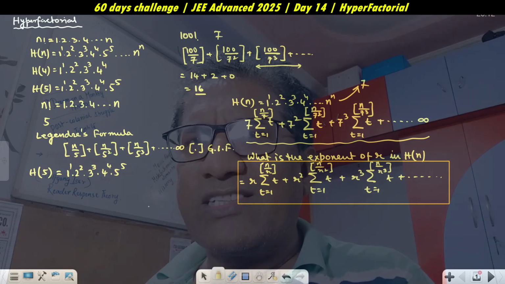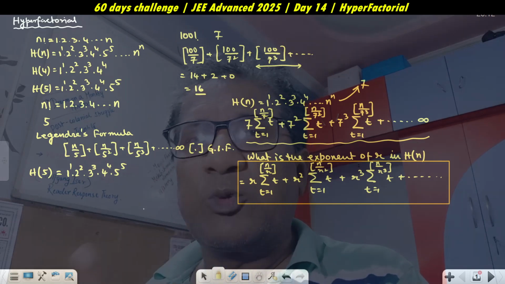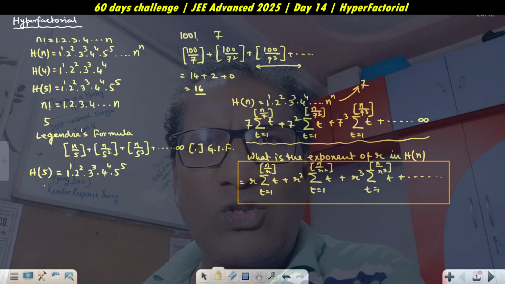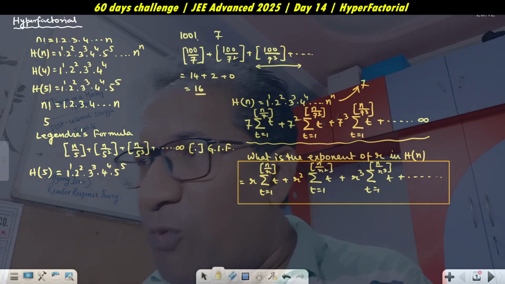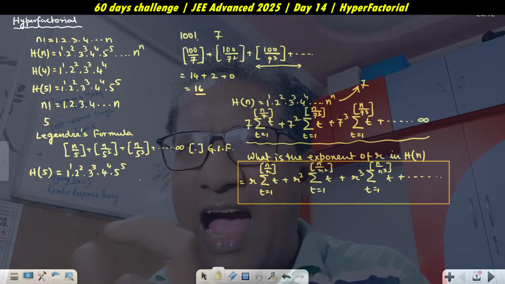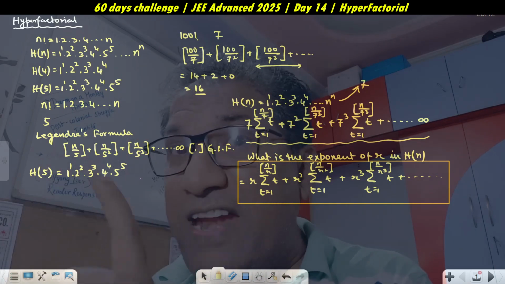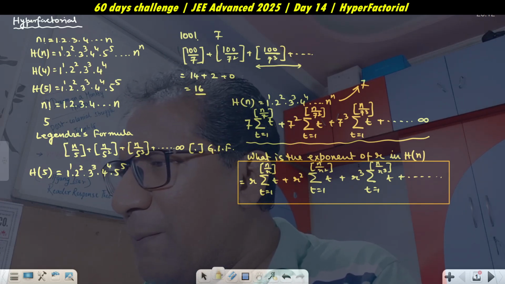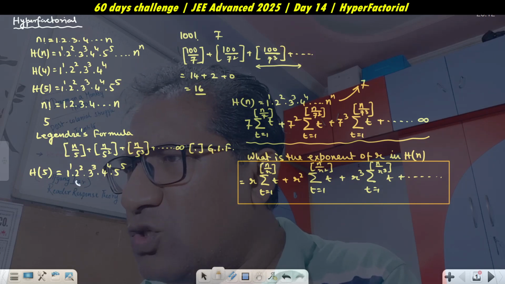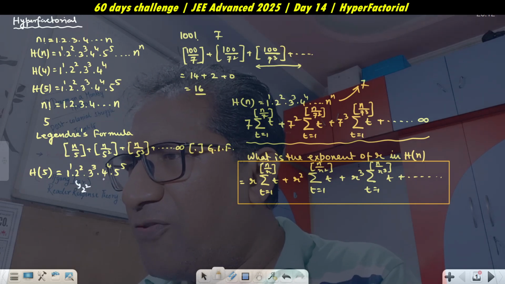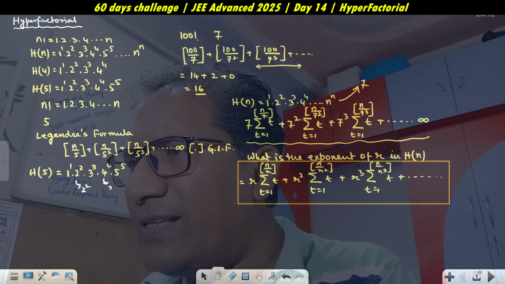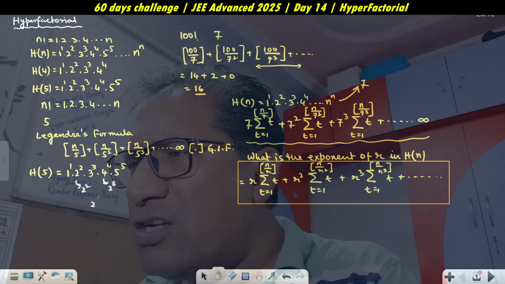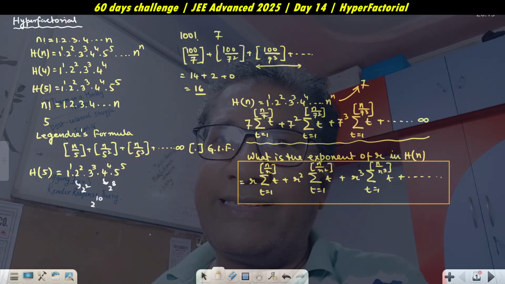Now I am interested in finding out the exponent of 2 in the hyperfactorial 5. We can easily see from this, that is why I have taken the simple example so that we can verify the formula. Here we are having 2 square, here we are having 2 square, and from here we are actually having 2 square, that is 2 to the power 8, right? Therefore, the exponent of 2 will be 2 to the power 10.